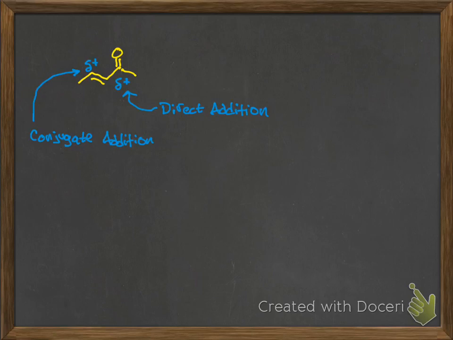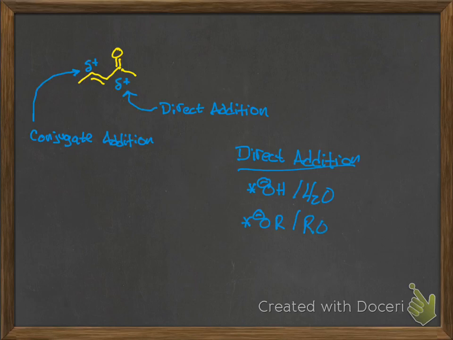All right? So, direct addition. Direct addition, where you go right for the carbonyl carbon. We're talking about hydroxide or water, alkoxide or alcohol. And I will remind you, these two only happen when you've got an acid involved, or the electrophilic pathway.